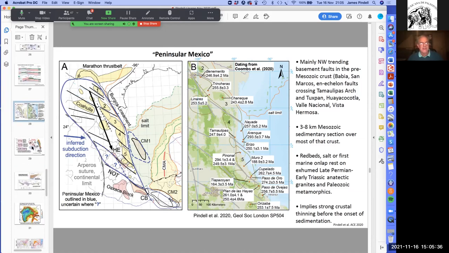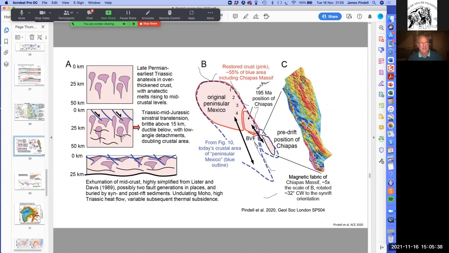So let's look at possible processes for how that can happen. Crustal extension is almost certainly involved. And it turns out that you need about 100% crustal extension in order to expose the middle part of the crust.